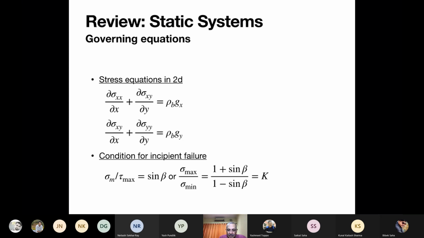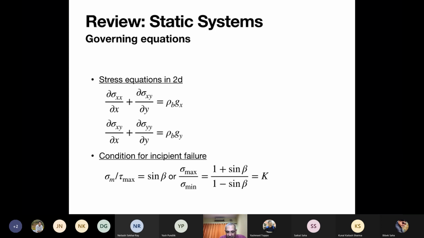So, if we look at two-dimensional systems, then these are the stress equations. This is the stress balance in the x direction. This is the stress balance in the y direction. So what we said is, look, there are only two equations and we have 1, 2, and 3 unknowns.